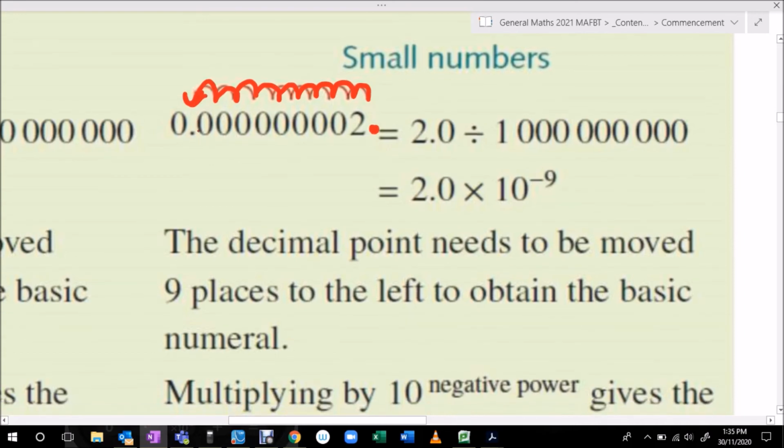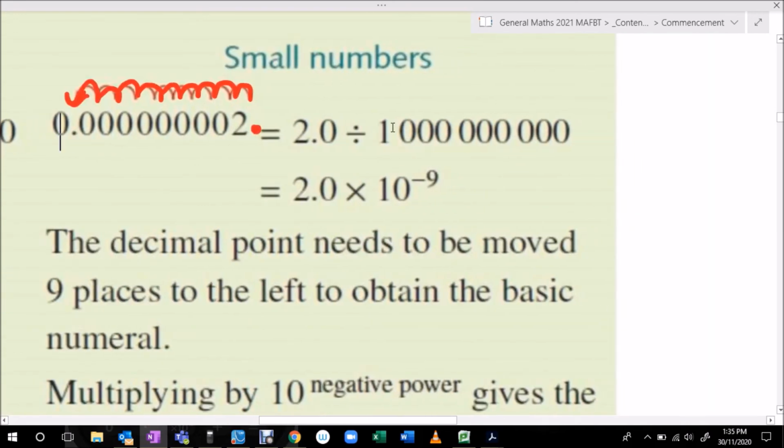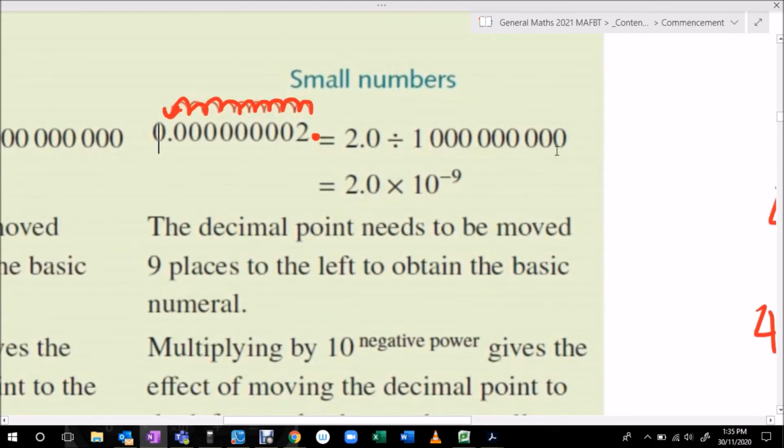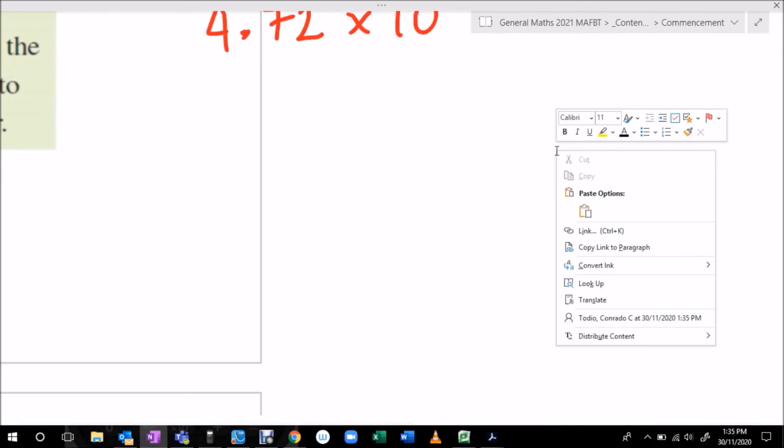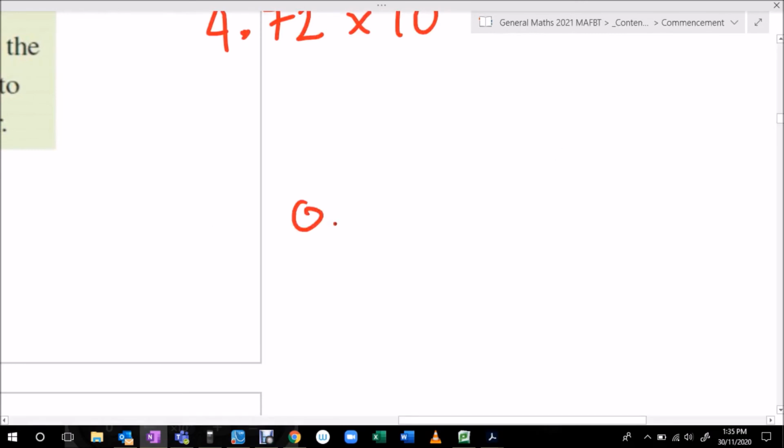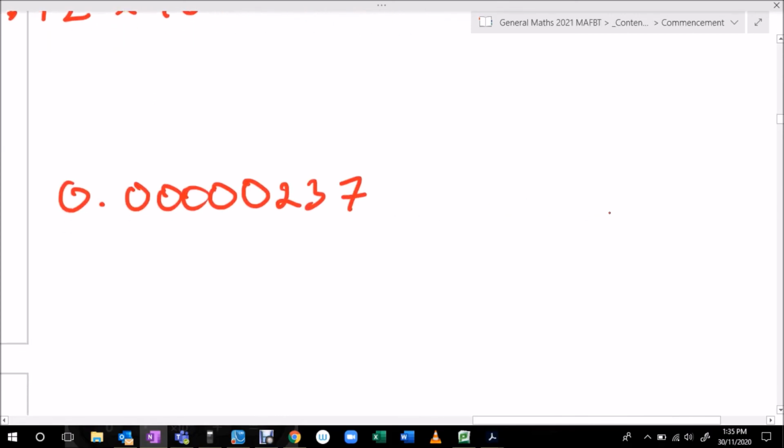Let's say, for example, I'm going to write my own numbers for this. Let's say you have the number 0.0000237. This is my small number, and I want to put it into scientific notation. So put your decimal first, where the first number after those zeros begins. There's my decimal there.